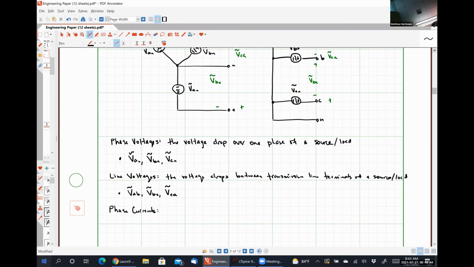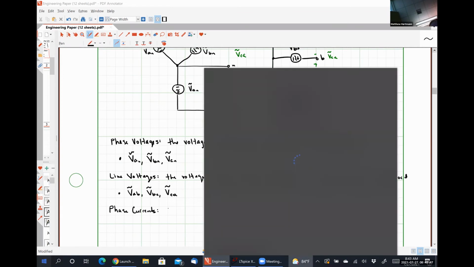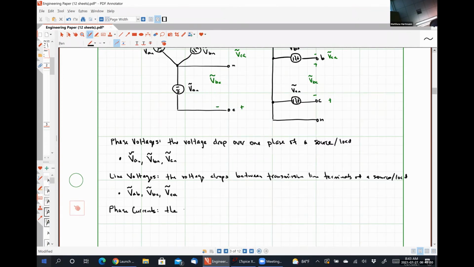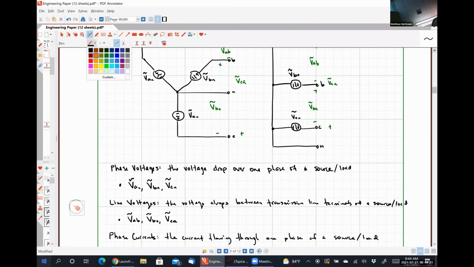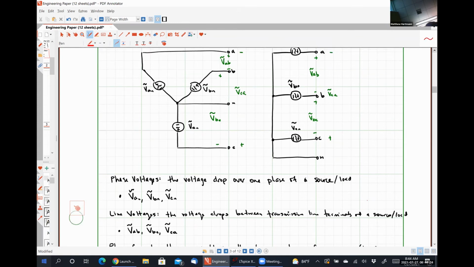A phase current is simply the current flowing through one phase of a source or load. I'll do these in red.